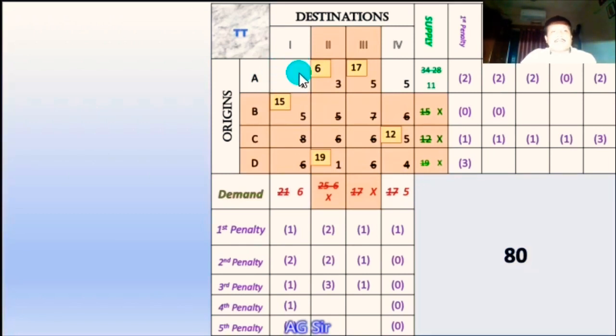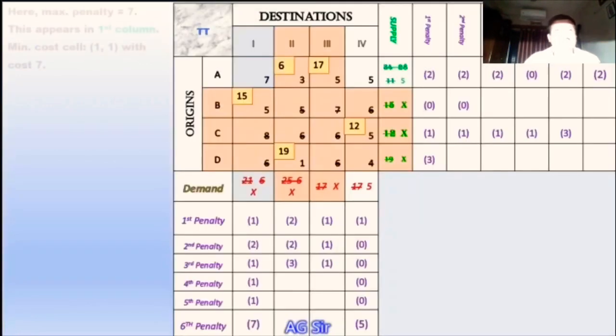Since there is only one cell along this column, this value is itself the penalty. So the penalty along this column is 7. Similarly, along the fourth column, since there is only one cell available, the penalty is also 5.